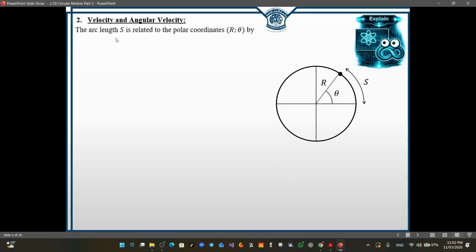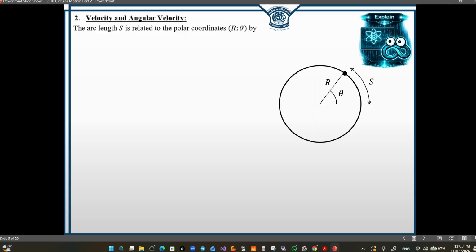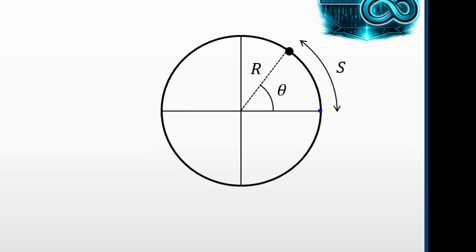Now, the arc length S is related to the polar coordinate system. The arc length is due to the motion of the object around the circular path. So the object will travel this distance. Let's assume this is the distance traveled by the object. This is the initial position. This is the final position. So this is the distance traveled.